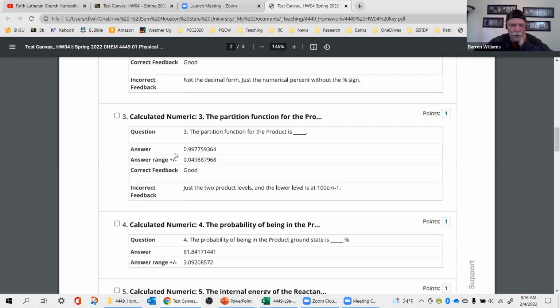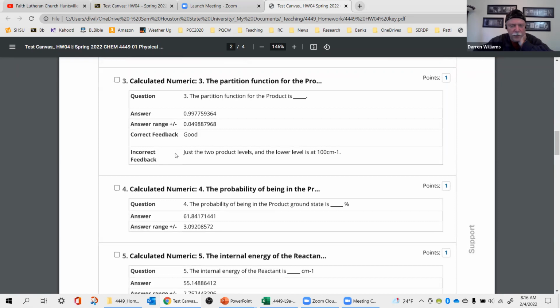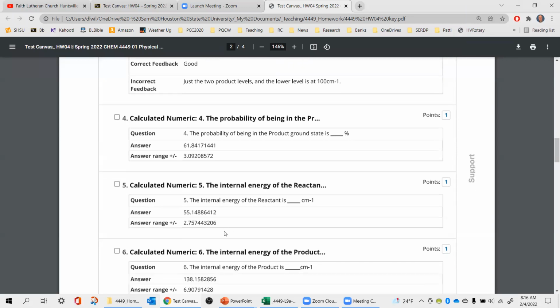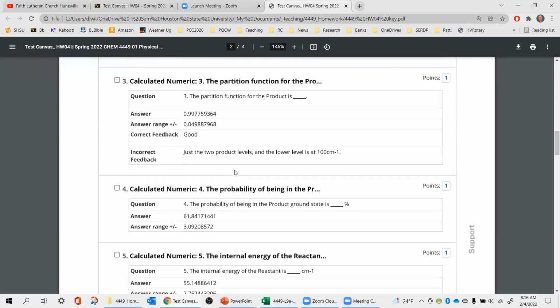And then, let's see. So I get a 61% chance of being in the product state. I mean, in the ground state. I guess I didn't ask you the other one because they're going to add up to 100%.